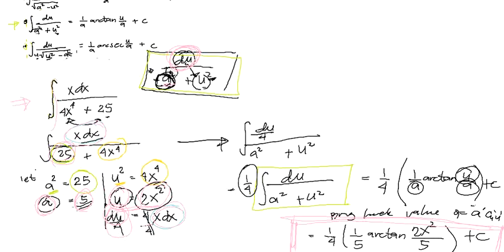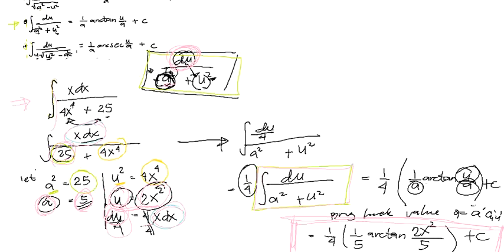And then we place the 1/4 outside the integral sign, so that we can now directly use the formula, which is in the form of du all over a squared plus u squared.